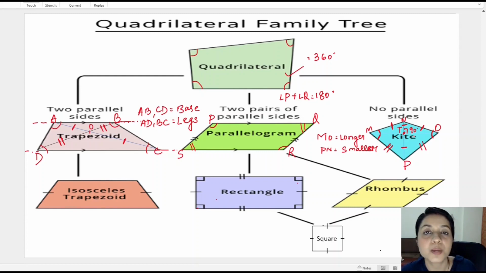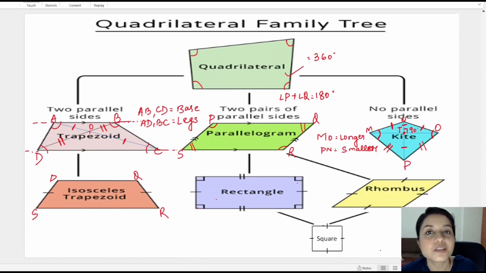Here the first member, or the sub part of trapezium, is the isosceles trapezium. Now the isosceles trapezium will contain all the properties of a quadrilateral as well as a trapezium. Let's name it PQRS. Now as we know, isosceles means two sides same.